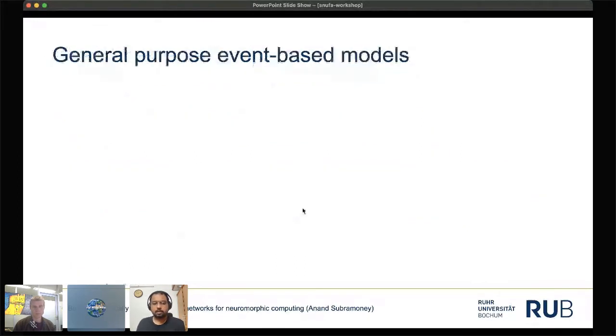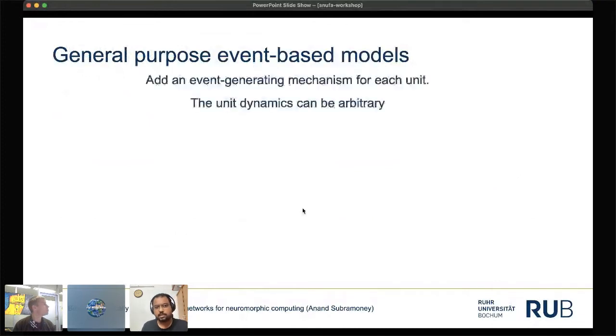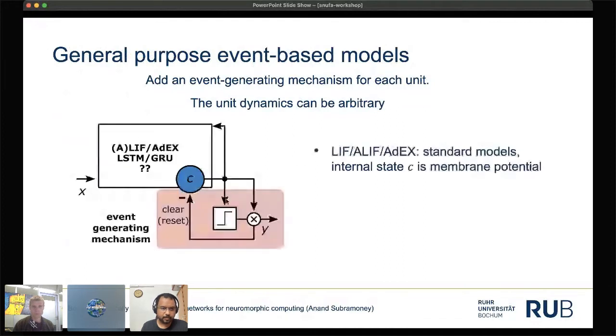To continue this point a little, you can think of a general purpose event-based model where you have an event generating mechanism for each unit and arbitrary event dynamics. The core property is that you have an internal state and some thresholding which decides when to emit events. The dynamics can be based on leaky integrate-and-fire neurons or adaptive exponential models, which are the standard models.